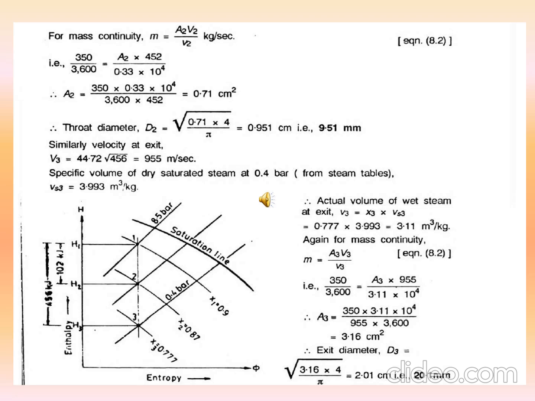The A3 value is 3.16 centimeter square, and from that we find the exit diameter d3. d3 equals square root of 3.16 into 4 divided by pi, which is 2.01 centimeter, or 20.1 millimeter.